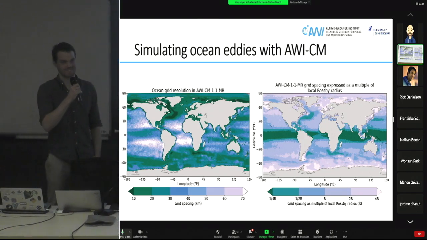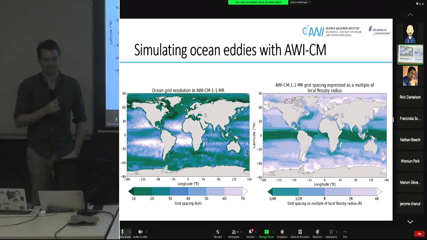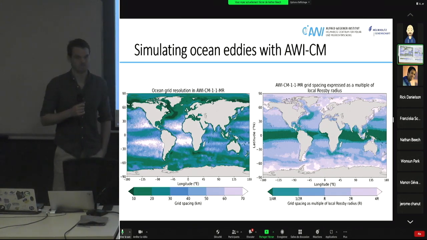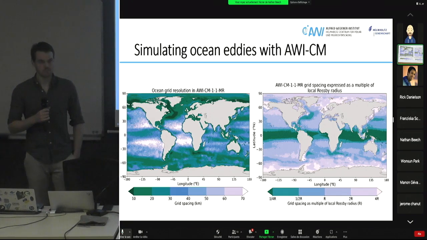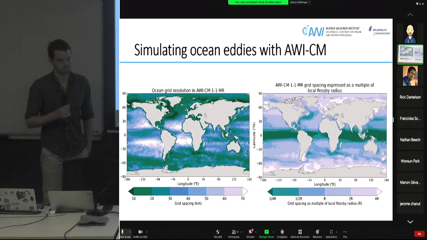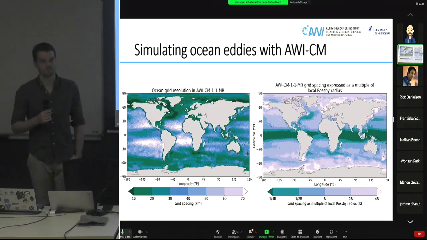I was just wondering whether, even though you have high resolution in the Gulf Stream region, because outside of it the resolution is coarser, the Gulf Stream is sort of forced to flow out in order to match how the flow is in the coarser resolution area.